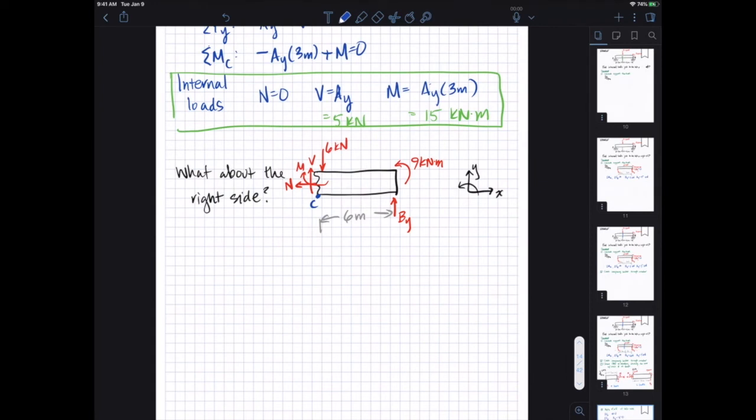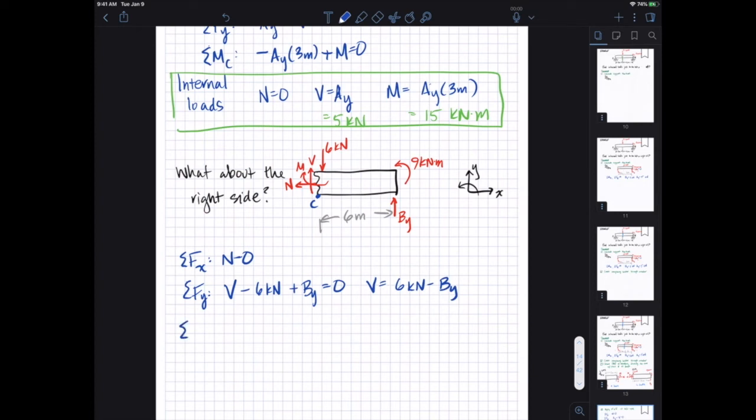Again, sum of forces in X, and we see that again N equals 0. Sum of forces in Y, we have V positive minus 6 kilonewtons negative plus BY positive equals 0. So now V is equal to 6 kilonewtons minus BY, shear.